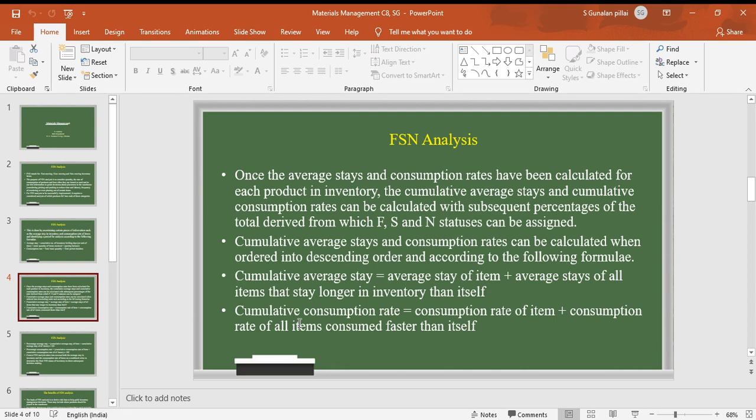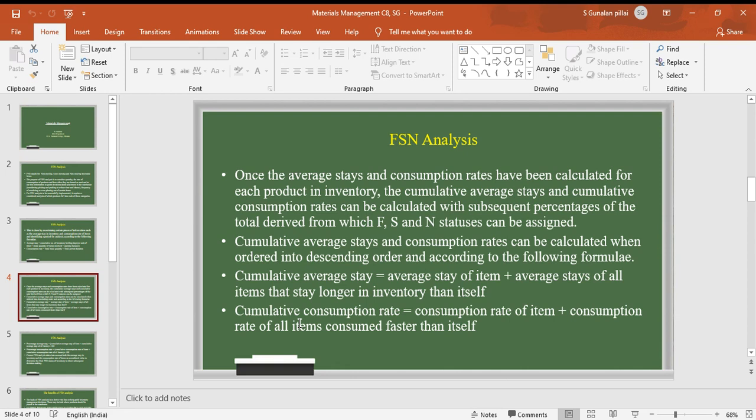Just wait. Cumulative consumption rate is equal to the consumption rate of a particular item plus the consumption rate of all items consumed faster than itself. If a particular product is consumed at, say, 5 numbers per day, and another product is consumed at 50 per day, we can identify the cumulative consumption rate.